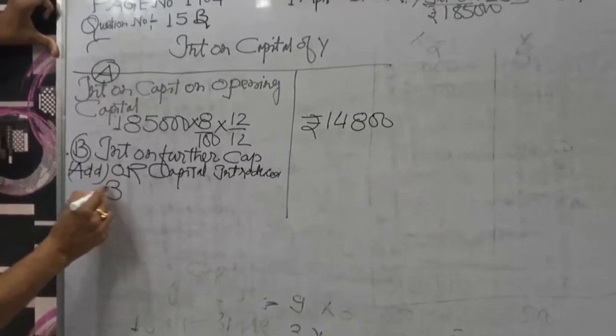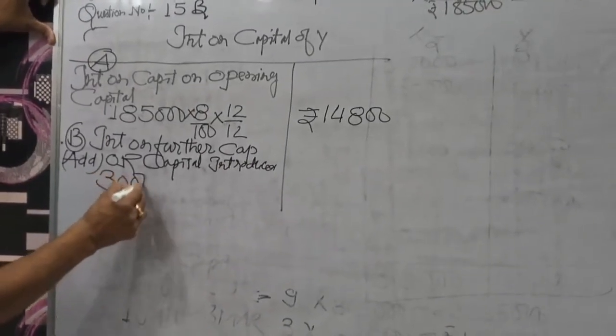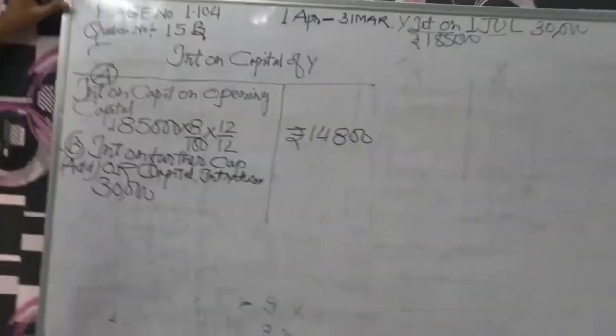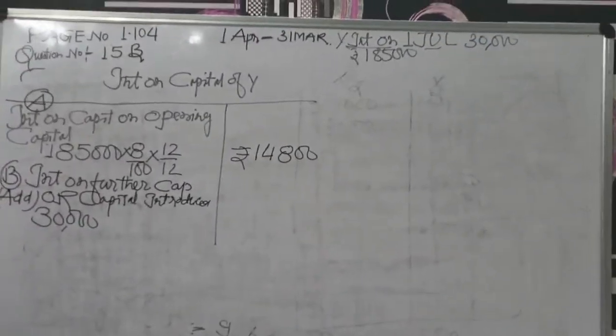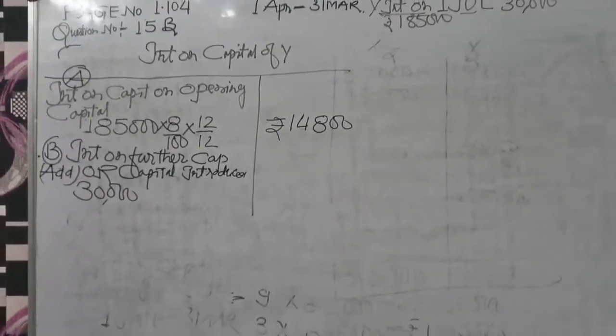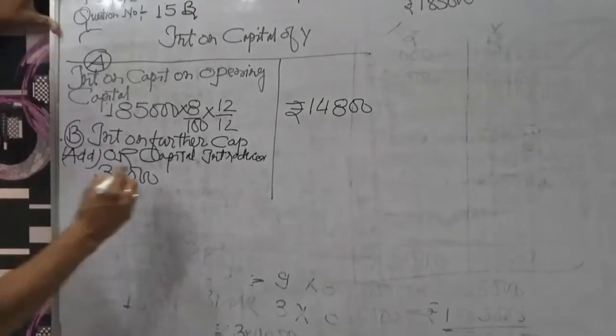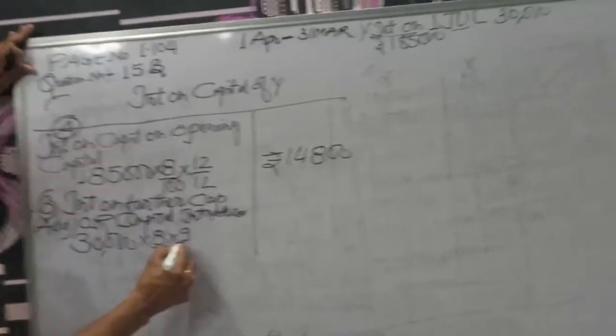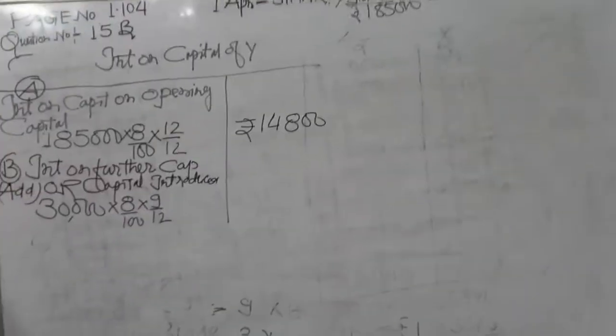He introduced 30,000 on 1st July. From July to March, how many months? July, August, September, October, November, December, January, February and March, 9 months. Rate of interest is 8% and we have to calculate the interest on capital for 9 months. It would be added.